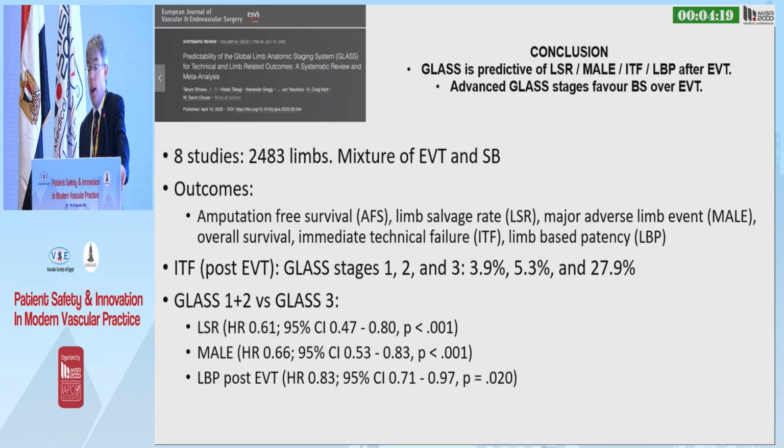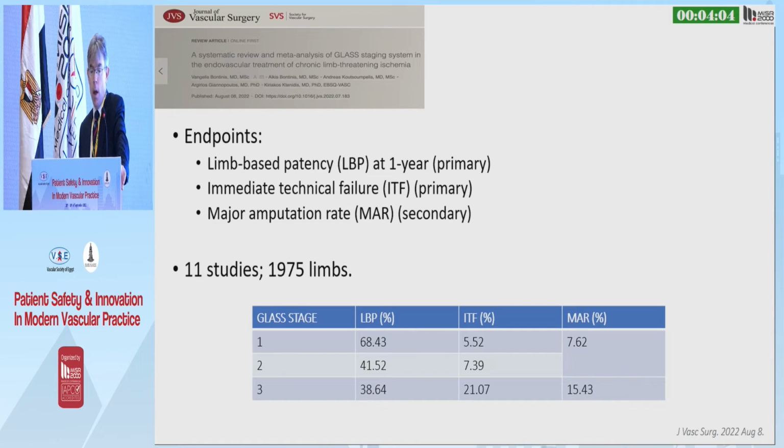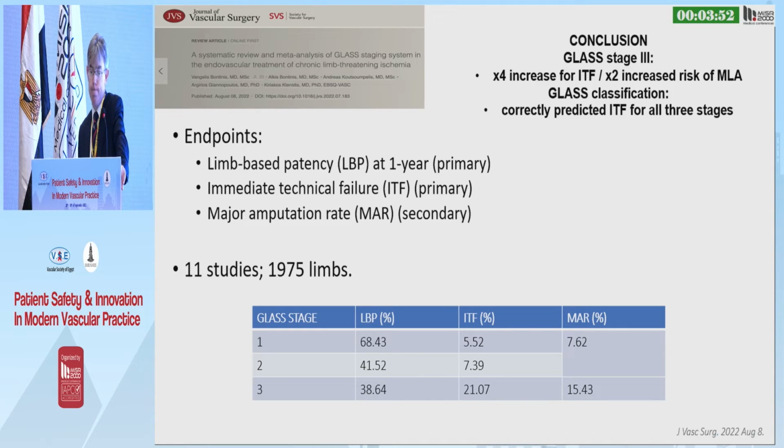They concluded that GLASS was predictive of poor outcomes and suggested that advanced GLASS stages should perhaps be treated with surgical bypass rather than endovascular interventions. A similar systematic review from the Journal of Vascular Surgery had similar findings: as your GLASS stage increases, your limb-based outcomes get worse.